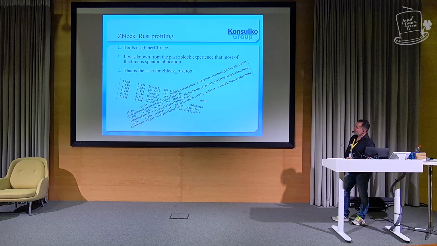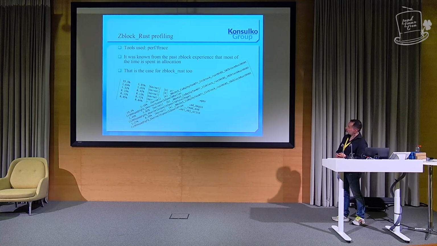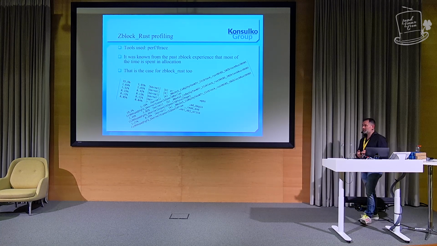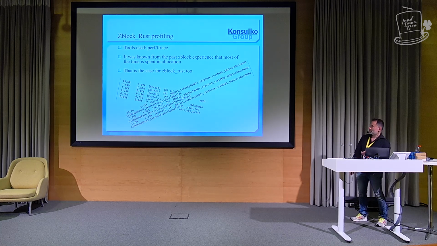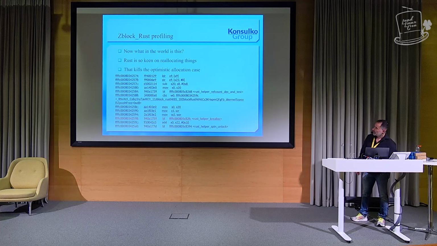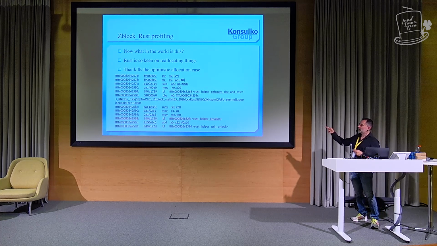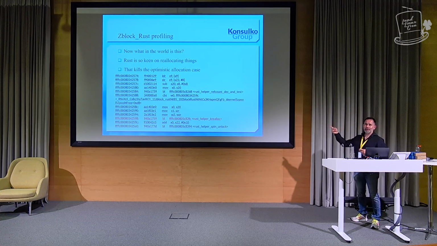So we used perf and ftrace to profile these implementations. And we knew from the past that Zblock spends a lot of time on allocation, and this is where we need to optimize things. For Zblock Rust, it was true as well. One of the problems was the story about the vectors.